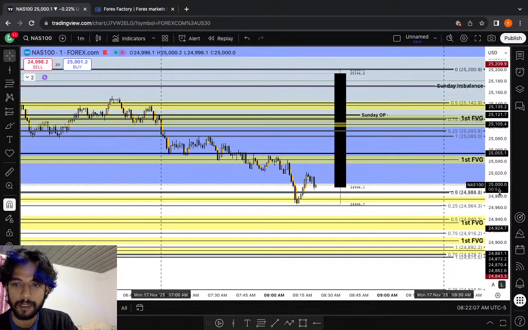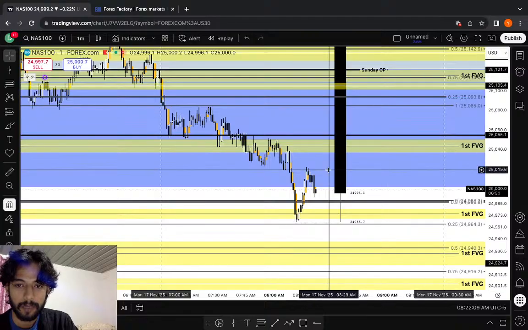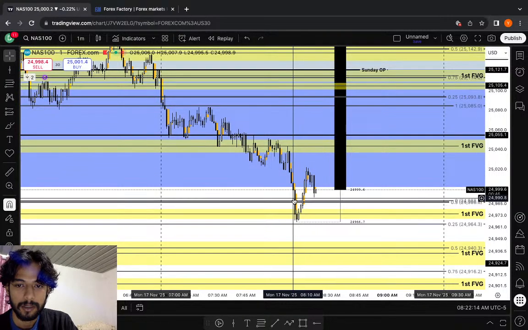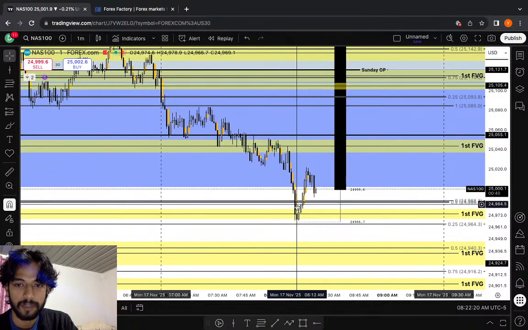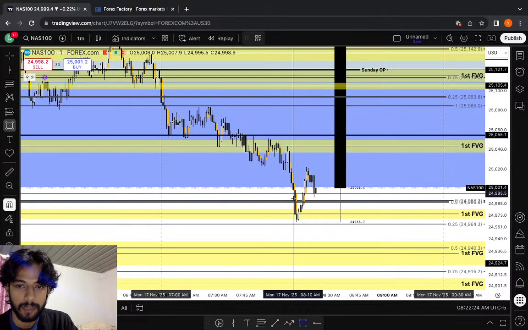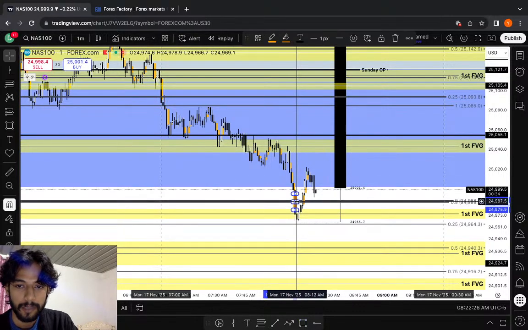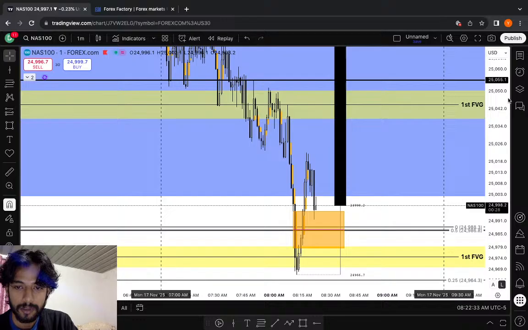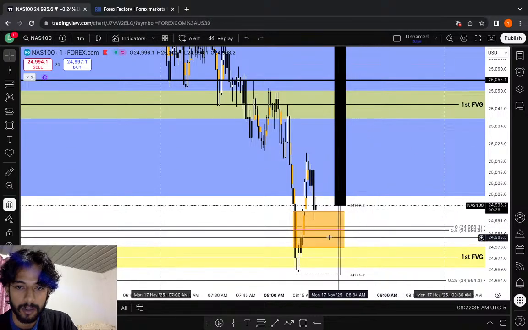So let's see. Again we came down inside this inefficiency, which is sell side imbalance, buy side inefficiency. If it really wants to move higher, then price should not break the midpoint of this gap. Let me just zoom in a bit here.